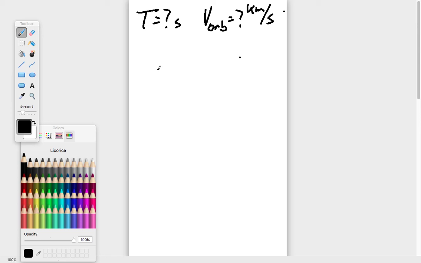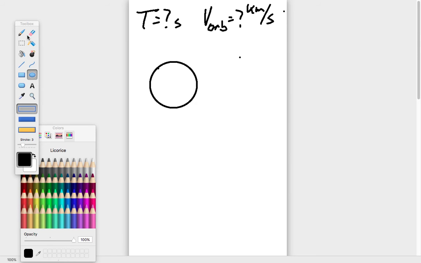Now for this one, I'm going to draw a little picture as best as I can. I want to do a circle. Look at that, a little circle. What a little cutie. So that's the Earth, and then up here somewhere is our satellite. And I assume it's got satellite wings, yada, yada, yada.